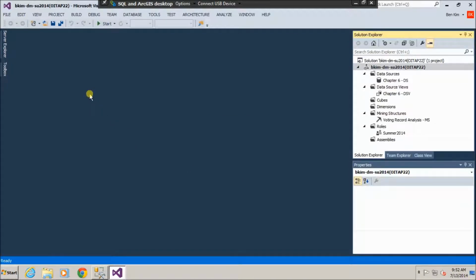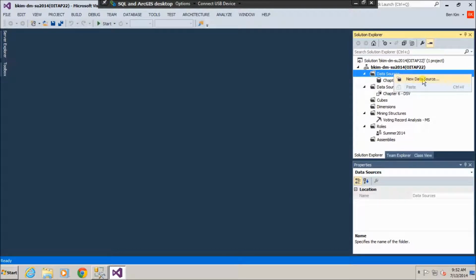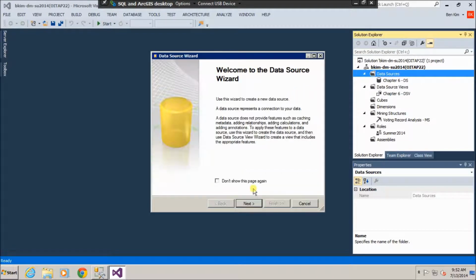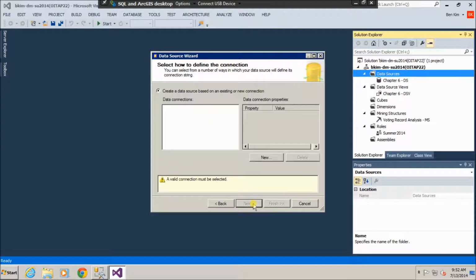Now we need to create a data source and data source views so that we can use the data from the database we just looked at, the Chapter 7 database. Go to our data source, right mouse button, new data source, and let's create a new one.